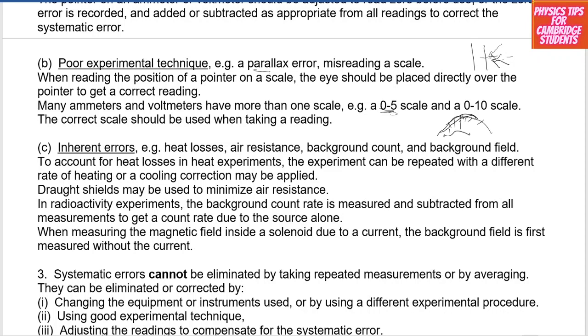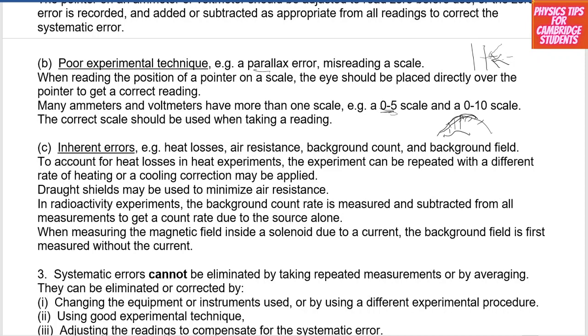Then you have what are called inherent errors, e.g. heat losses. Say you are in an environment where there is that constant heat that is given off to the surroundings because of the difference between the room temperature and the experiment. So there's always that heat loss to the surroundings which is constant due to that environment where you're doing the experiment.